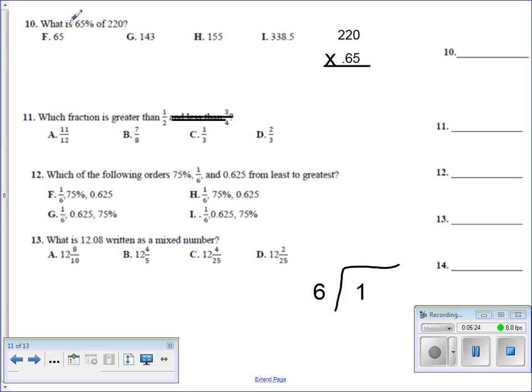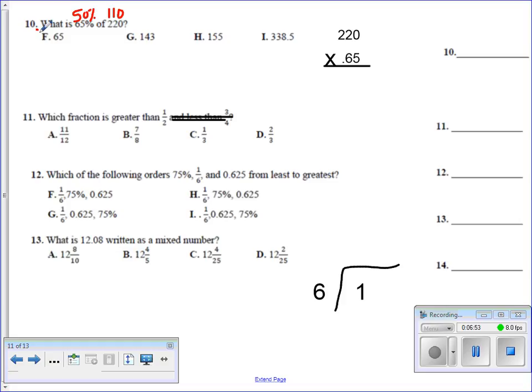Number 10 says, what is 65% of 220? If we were to estimate, what's half of 220? Well, half of 220 is 110. So if I'm looking not for 50% of 220, which is 110, but 65% of 220, my answer needs to be bigger than 110.